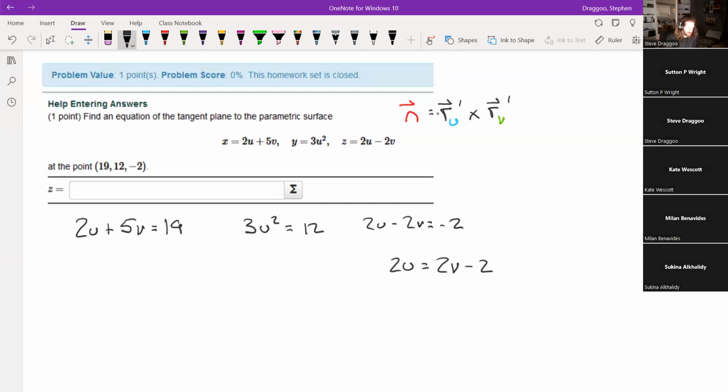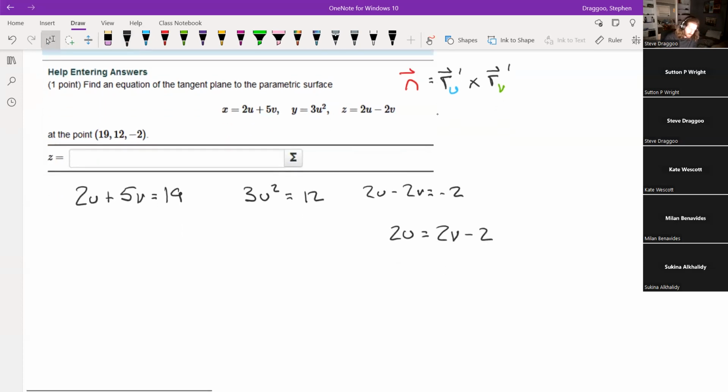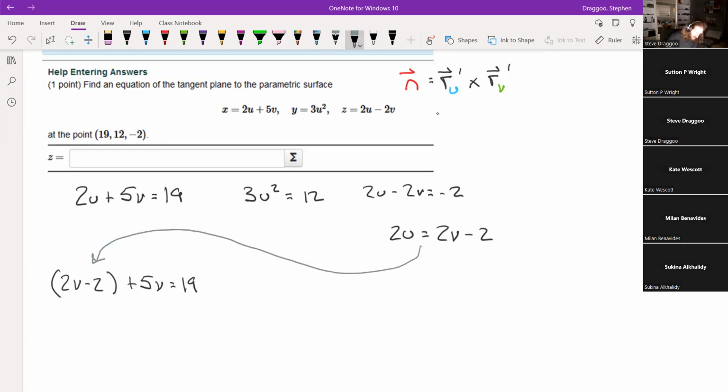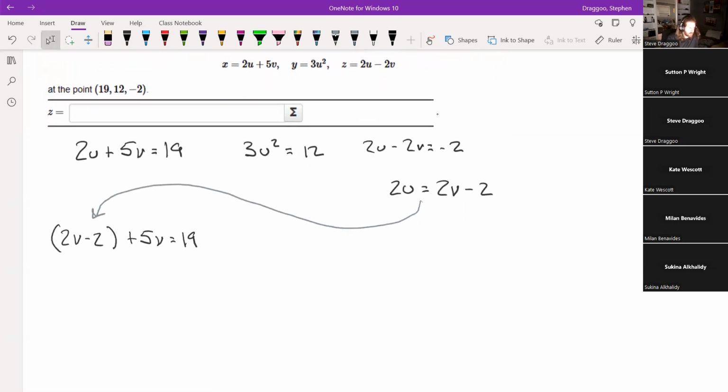I could divide both sides by 2 right now if I wanted, but it looks like it'll be easier to just substitute directly for 2u. This is 2v minus 2 plus 5v equals 19. So I'm taking this equation and substituting it in right there. It's my step 1, substituting the z component into the x component.